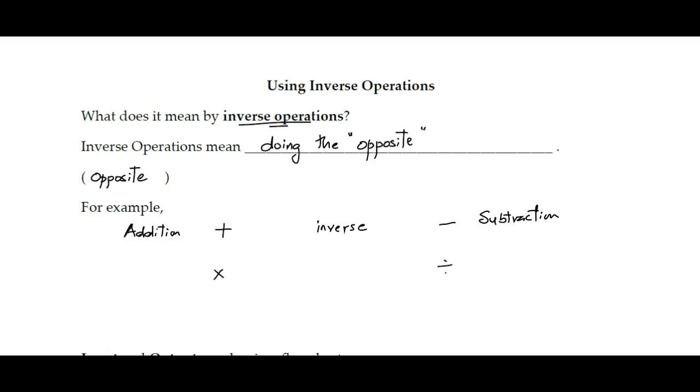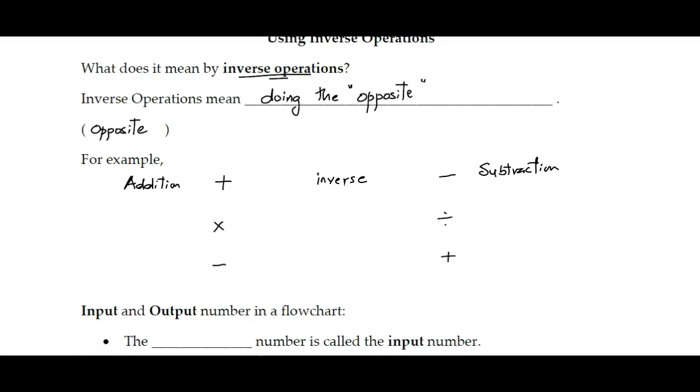My inverse is going to be divide. If I start with subtraction, my inverse is going to be add. And say we start with divide, the inverse is going to be multiply. So that's what inverse operation stands for, the opposites. So add and subtract are opposite to each other, multiply and divide are opposite of each other.